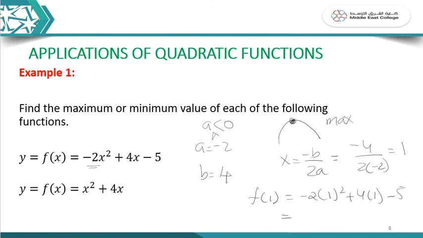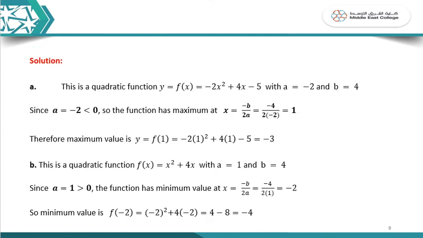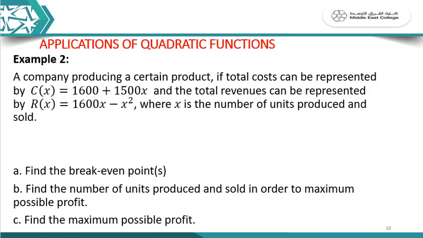So this equals minus 2 plus 4 minus 5, which is minus 3. So the point here is (1, minus 3). This will be the maximum point, the answer for this question.